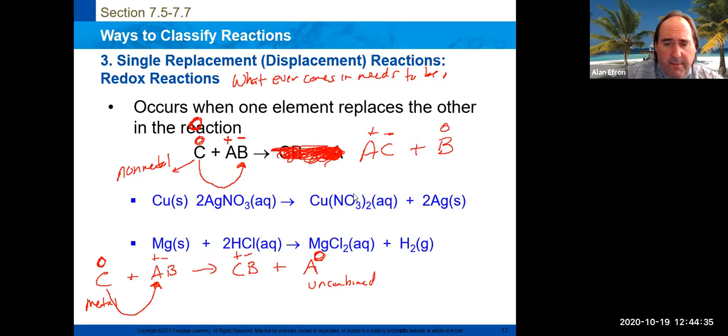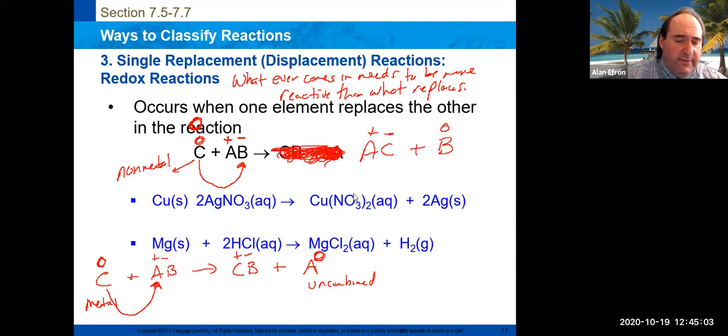Now, if whatever is coming in is less reactive, then the reaction will not take place. So in order for this reaction to take place, whatever is coming in needs to be more reactive than what it's replacing. Any questions on that so far here?